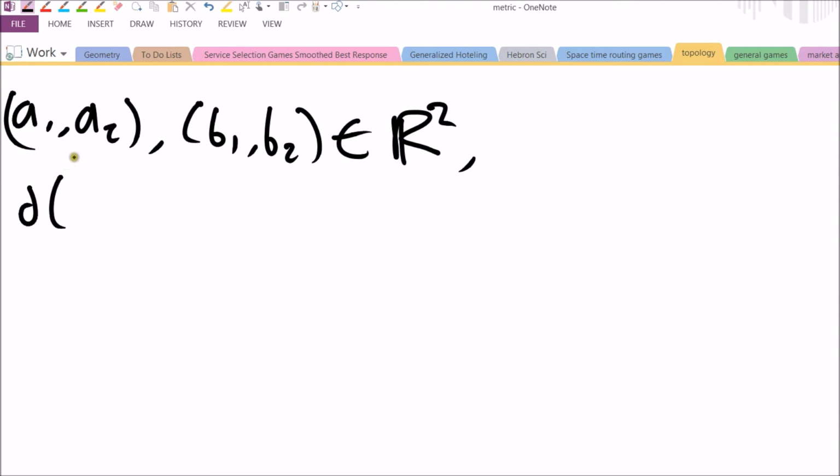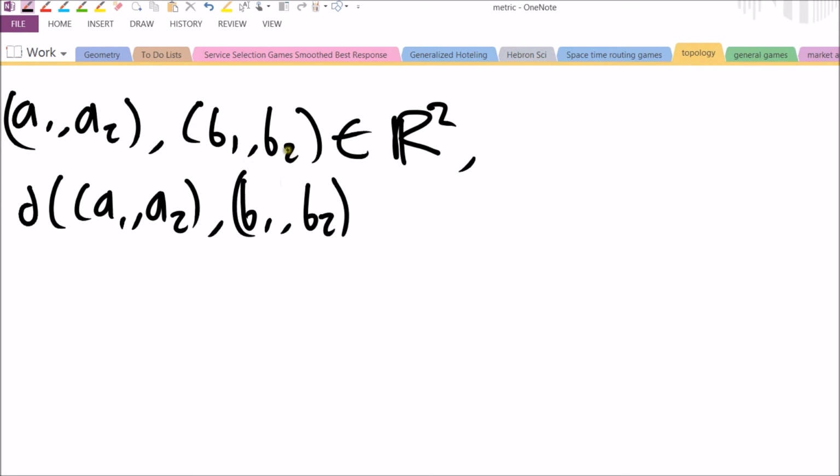The Manhattan distance between these pair of points is defined to be equal to the absolute difference between a1 and b1, plus the absolute difference between a2 and b2.